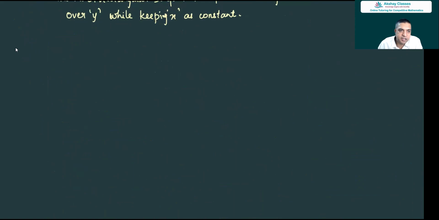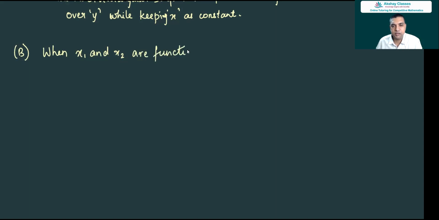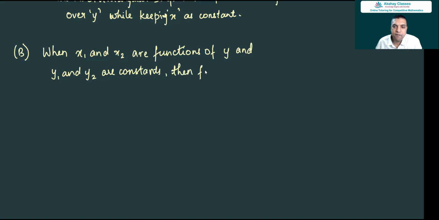Now let us look at the second case where it will be reverse. Now when x1 and x2 are functions of y and y1 and y2 are constants, then first integrate with respect to x.